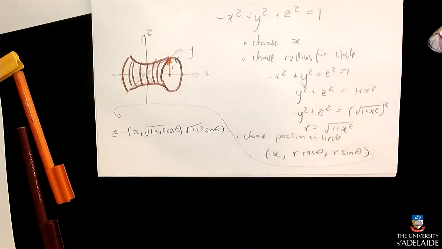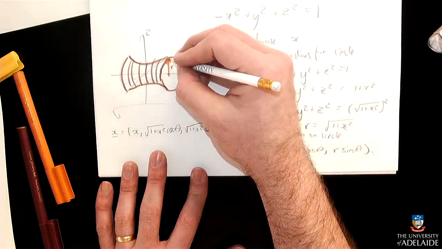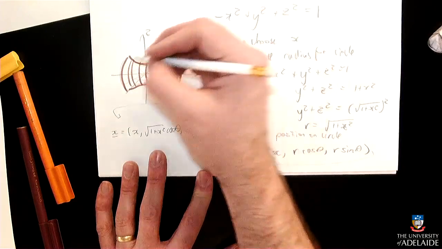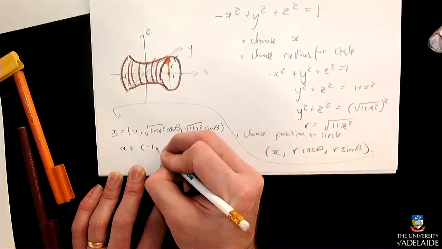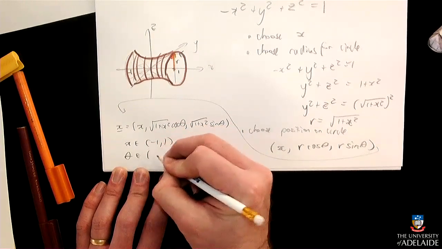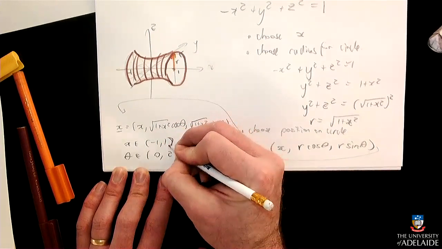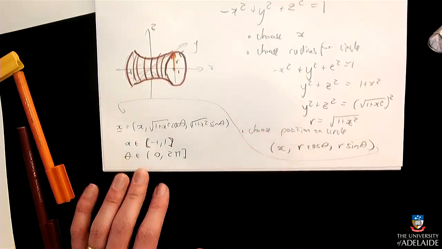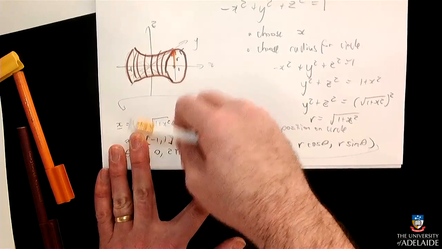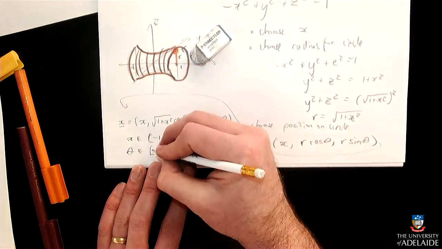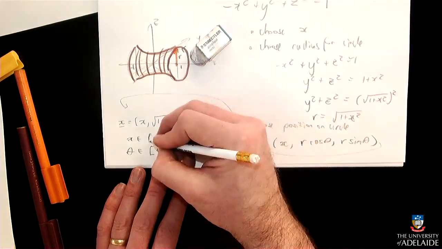And the x goes, in our case, for all possible x because I've parameterized the entire surface. But let's just do the one we've got, and maybe we'll say that this one goes from x equals 1 to x equals minus 1. Doesn't really matter which end is which, really.